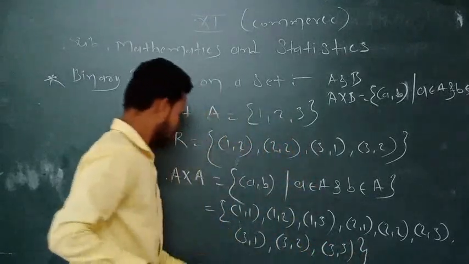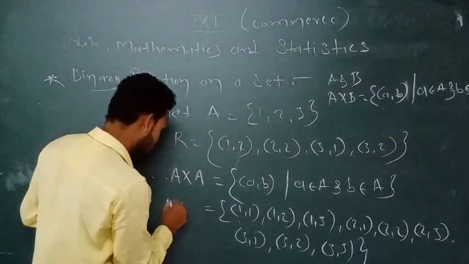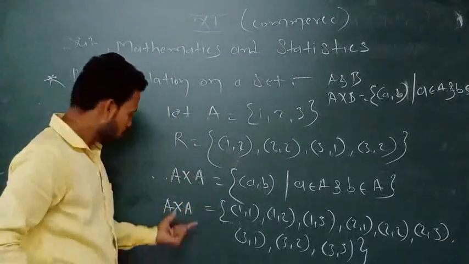This is the Cartesian product A cross A.